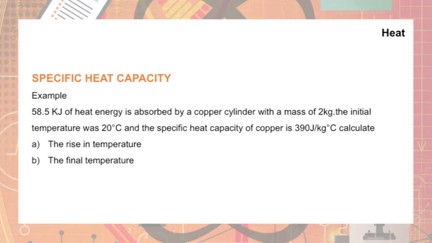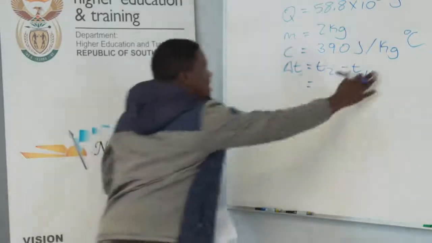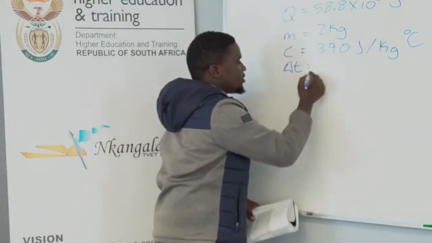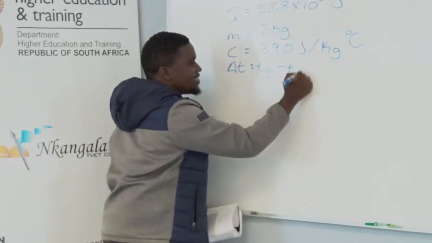Then we have our change in T. But our change in T is T2 minus T1. T2 is the final temperature, T1 the initial temperature. Are we together? When we look at this, we can see that delta T equals T2 minus T1.